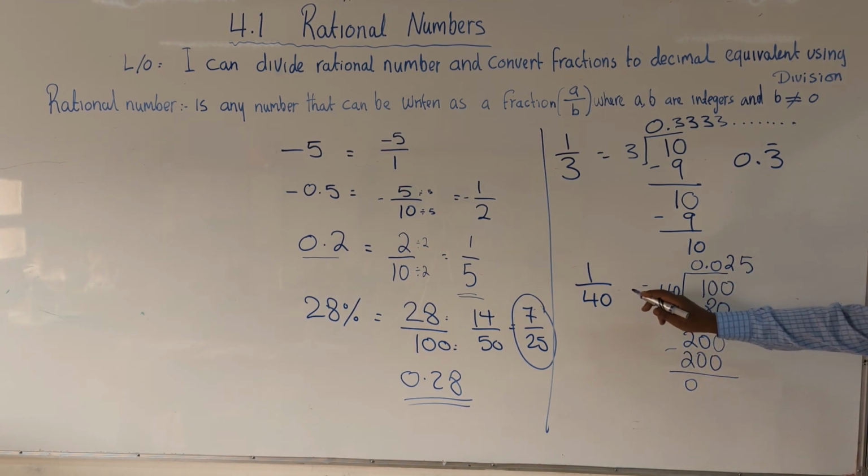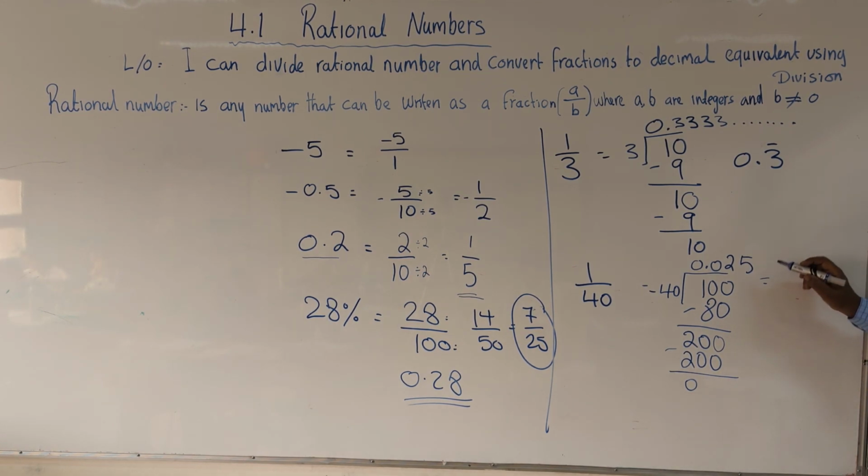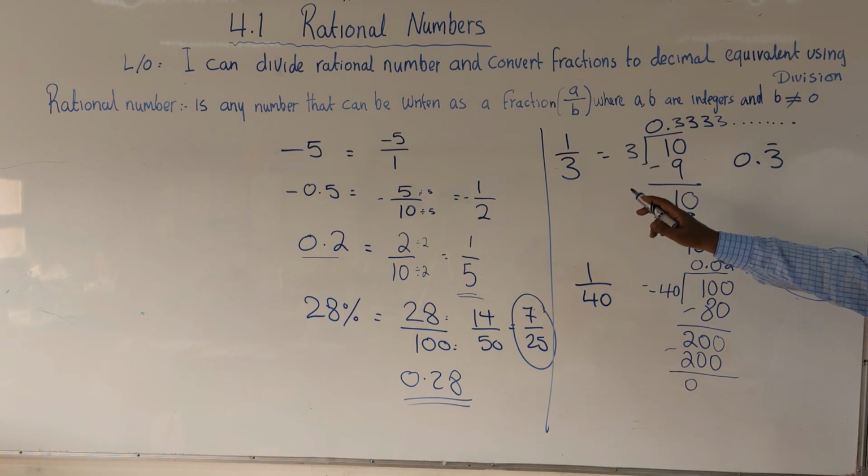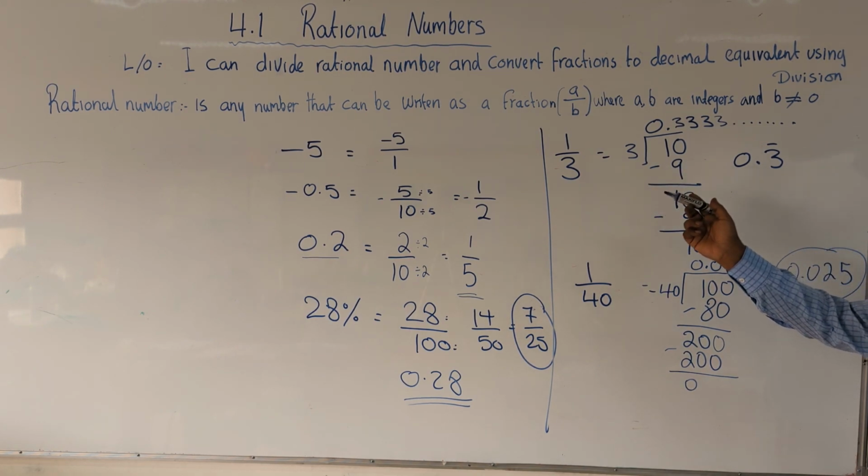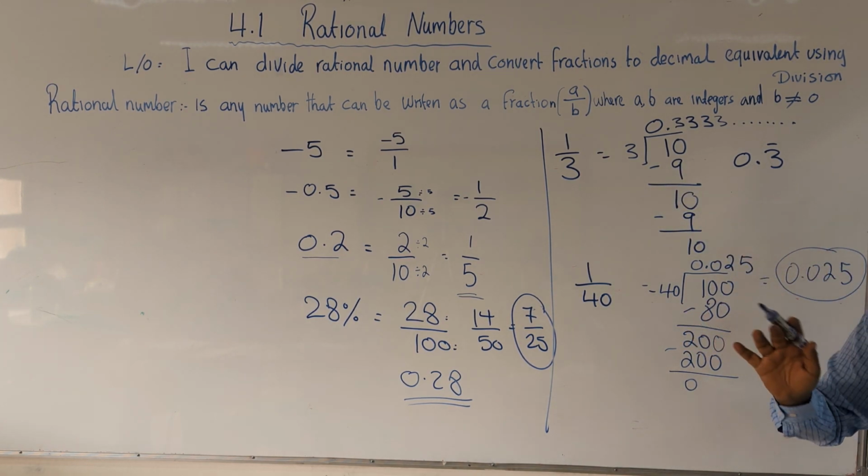So our answer is that this number is a terminating decimal. It will stop. We don't need to write again and again because we end up with 0 here. So the answer is 0.025. So this is a terminating decimal, but the one overhead is a repeating decimal. Do you guys understand the difference?